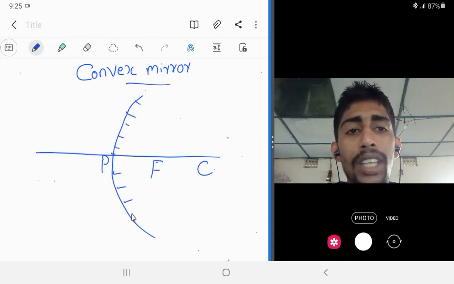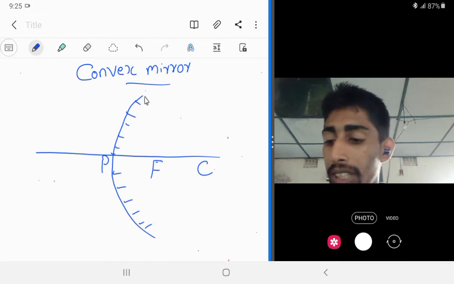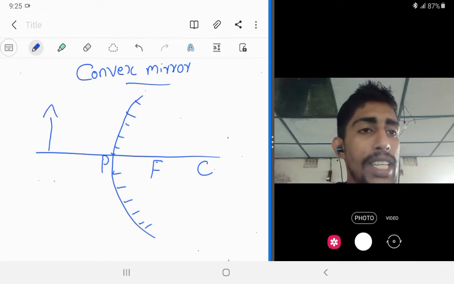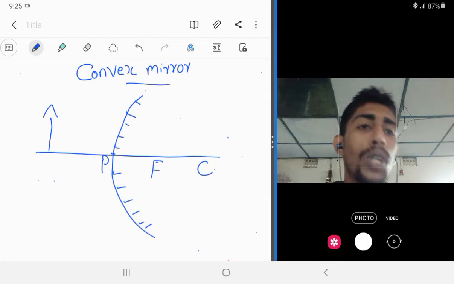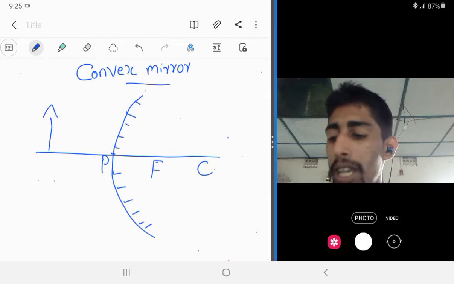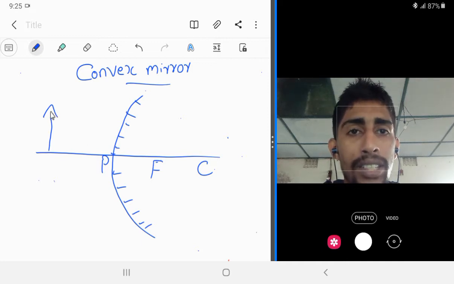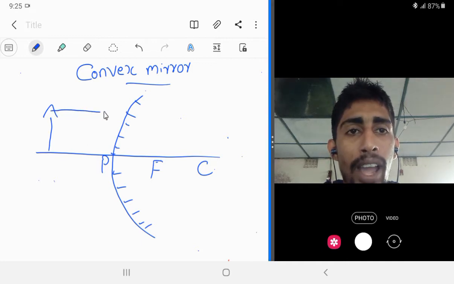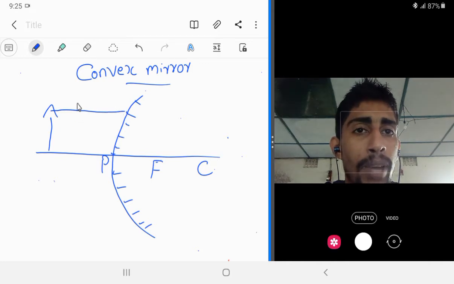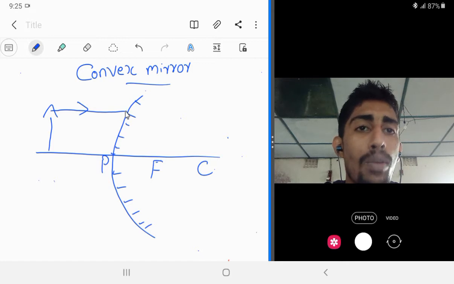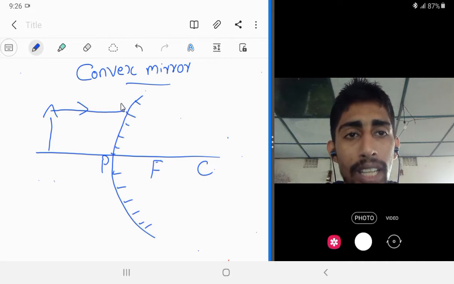Then the light rays which are parallel to the principal axis, after reflection, will reflect back in the direction of the principal focus.